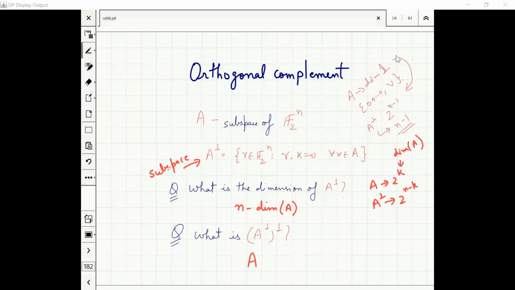So that would show that A is a subset of A perp perp. Correct? So the only thing to show is that if there is an x such that x dot gamma is equal to 0 for all gamma in A perp, then x is actually an element of A.